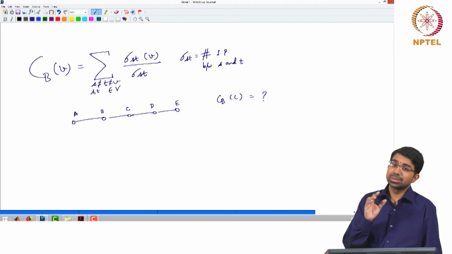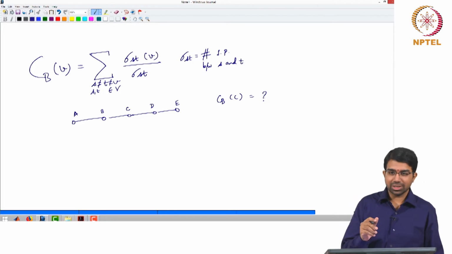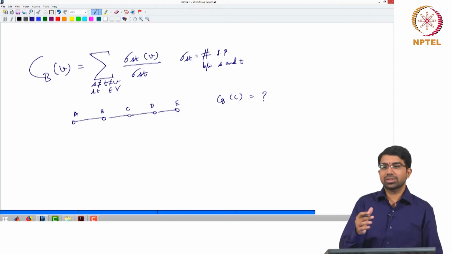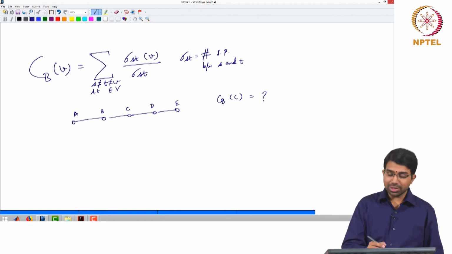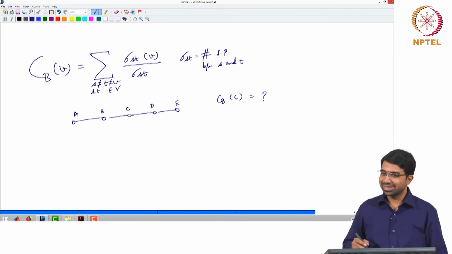The definition I gave, the explanation I gave you, is somewhat approximate, right. So, if you look at this, what is this? Is this the fraction of paths going through a node? It is a sum of fractions of paths, right.